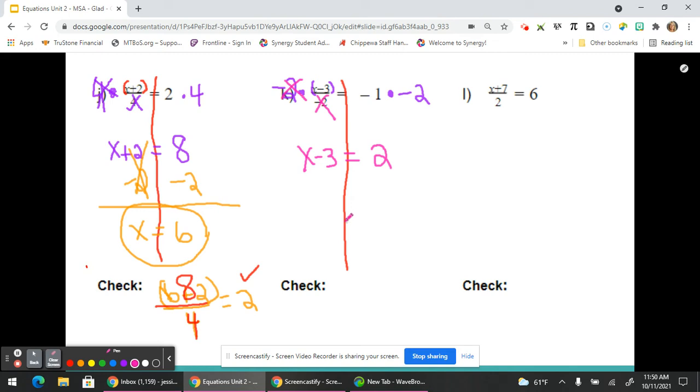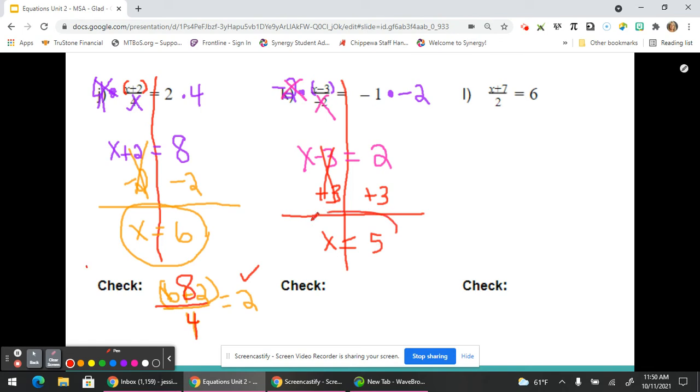Now we're almost there. To isolate our variable, the subtracting 3 is our last step, so I'm going to do the inverse, which is add 3 on the left, add 3 on the right. So when I draw my teeter-totter, my 3's cancel, and I've got x is equal to 5.